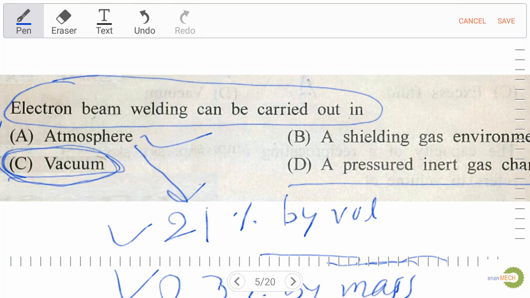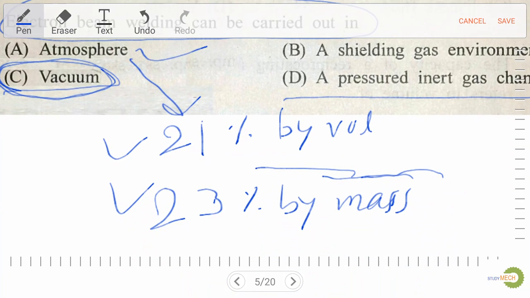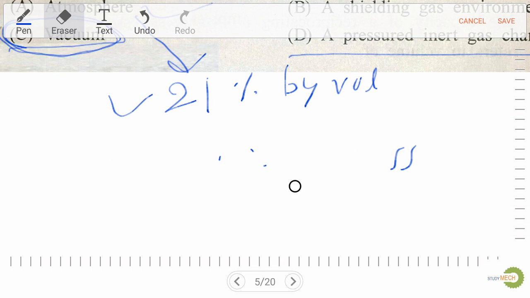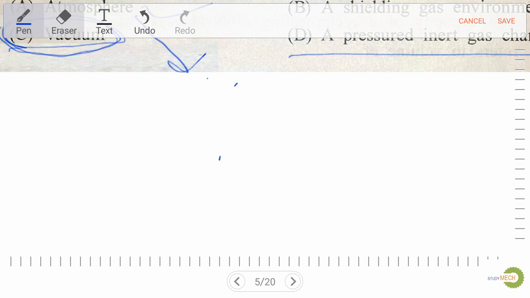Now for atmospheric pressure, there are also equations that we have to remember, very important from the exam point of view. Absolute pressure is equal to atmospheric pressure plus gauge pressure.